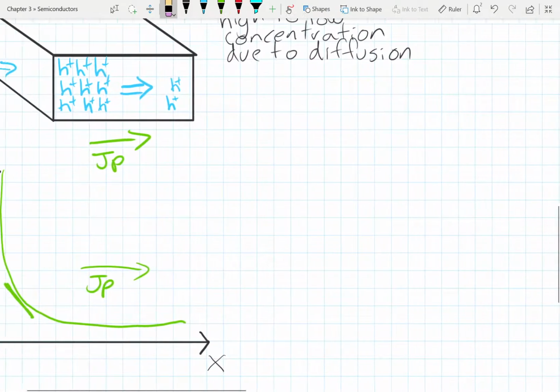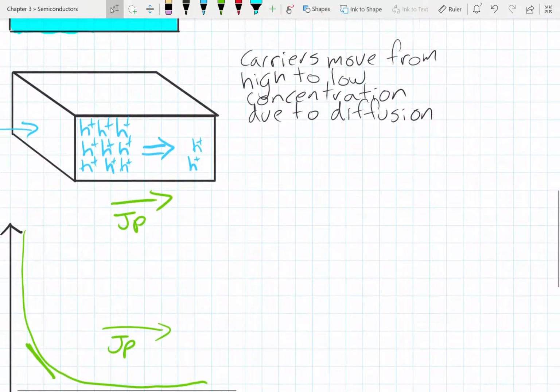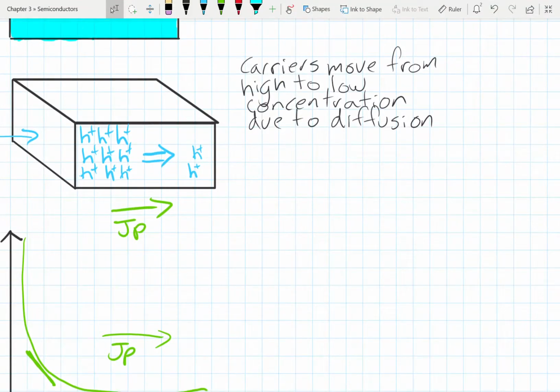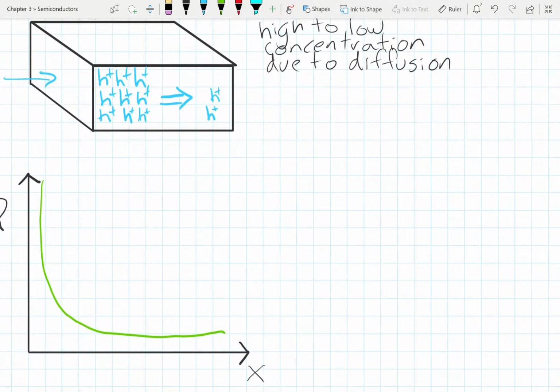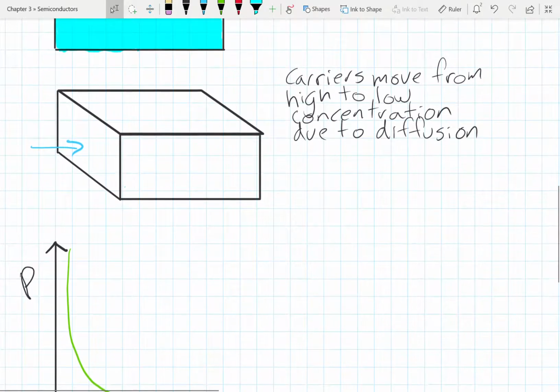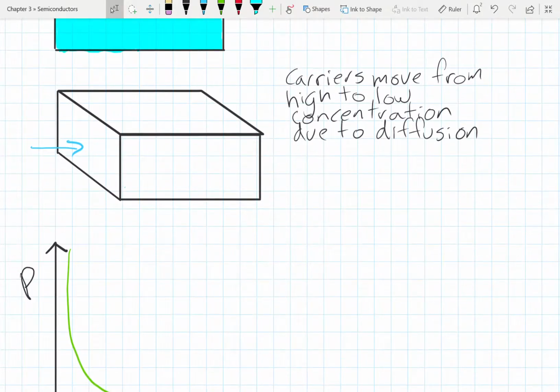So let me erase some of these values right here. And now let's take the same example, but let's do it with electrons. I'm going to erase this whole thing. Now, instead of magically adding holes to this piece of silicon, we're adding electrons.